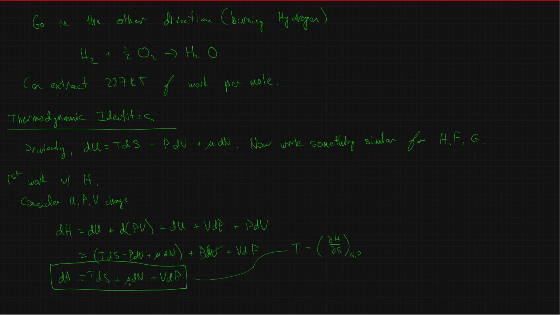We could get mu as del H over del N with S and P constant. And we could also get a relation for the volume with S and N held constant.